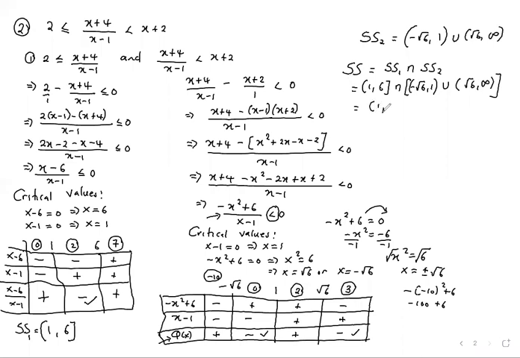And then between 6 and 1, the smallest again is 1. So now there's nothing here. Union between root 6 and 1, the biggest is root 6. And between root 6 and infinity, the smallest is 6. So this 6 is included. So our solution set will be root 6 up to 6 included. This is our solution set.